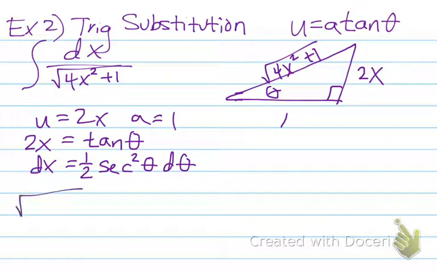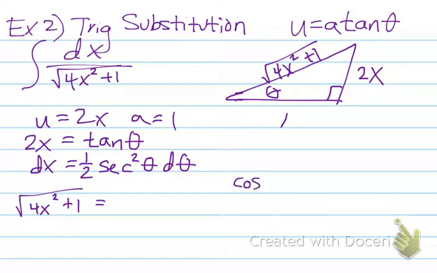So the square root of 4x squared plus 1 equals, again, I don't want to involve this other x, so I'm just going to use this one and this one. That means I have an adjacent side and I have the hypotenuse. So that's cosine. However, if I do the cosine setup, let me show you really quickly what it would be like with cosine.